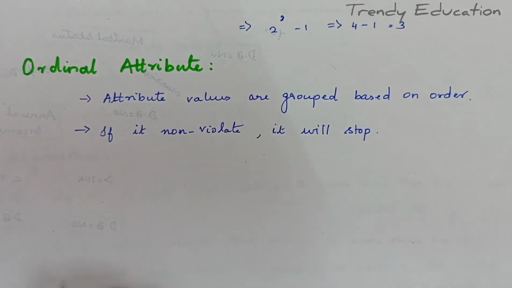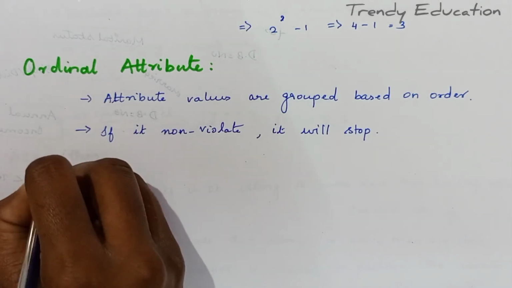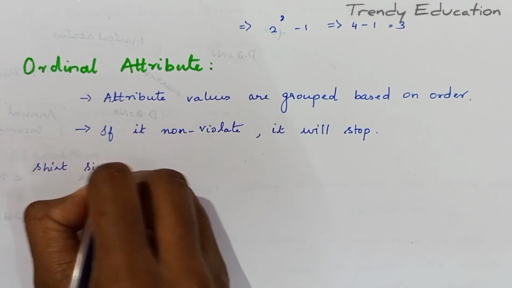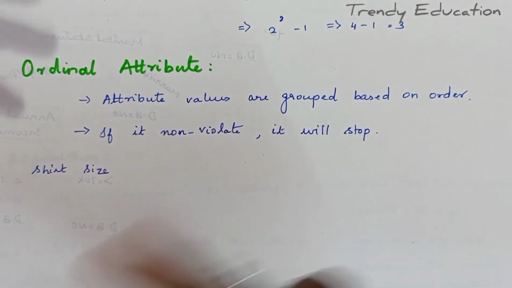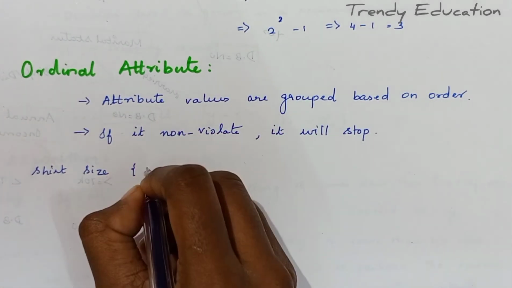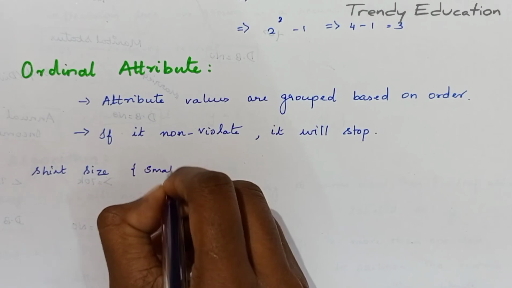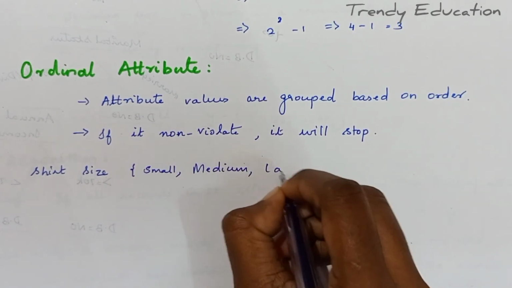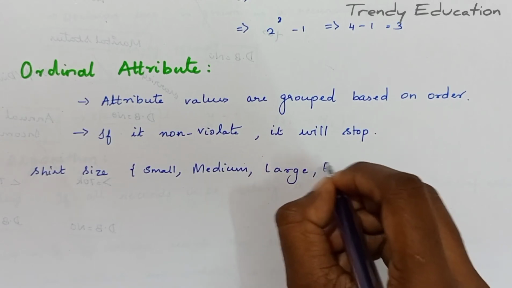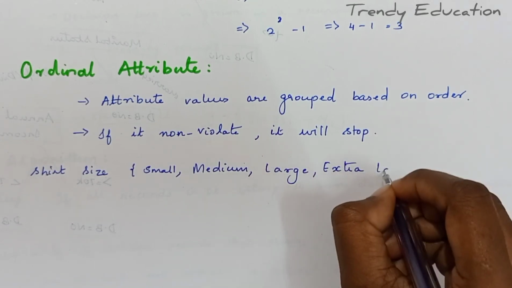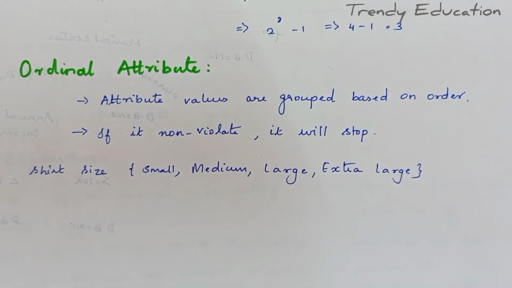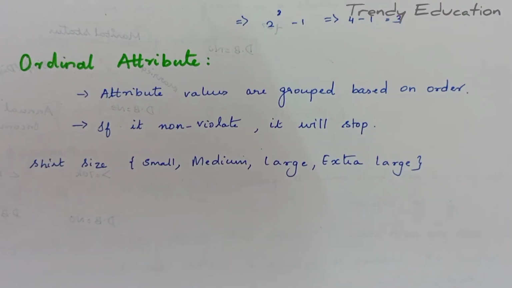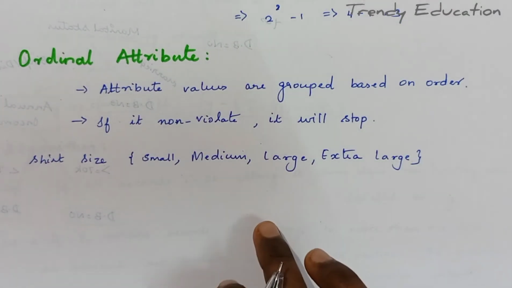So I will give you an example. Let's take shirt size: small, medium, large, extra large. Here I am going to split the tree.